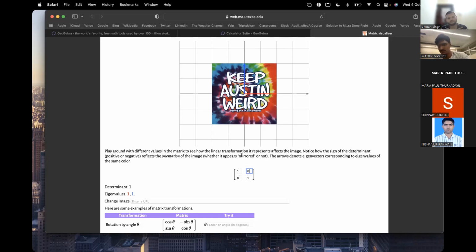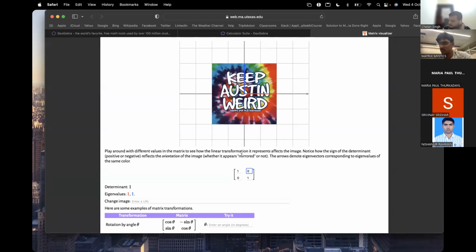And this can also help you see, now we look at a matrix and try to see where it takes 1 comma 0, the unit vector of x, and where it takes the unit vector of y. We can look at it in this picture.